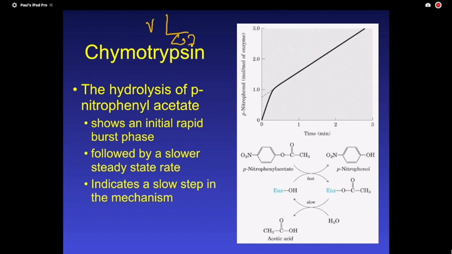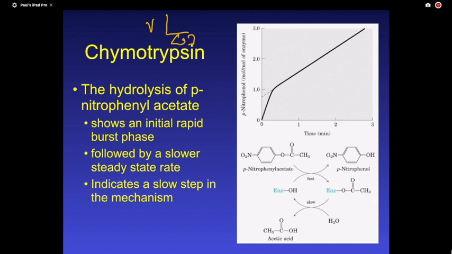What is this plot? P-nitrophenol, right? Moles per millimole of enzyme, okay, versus time. So this is different. This is going to give you a different piece of information.